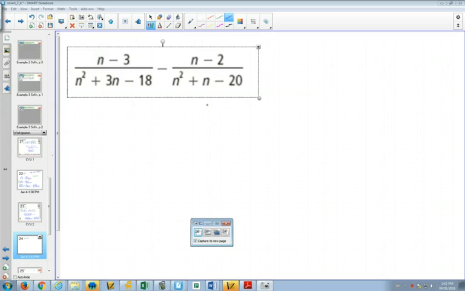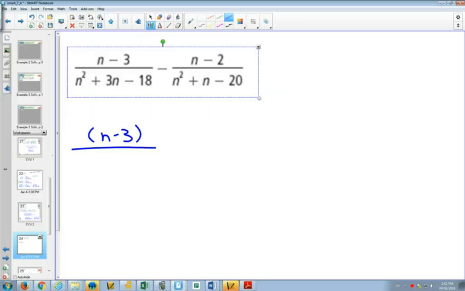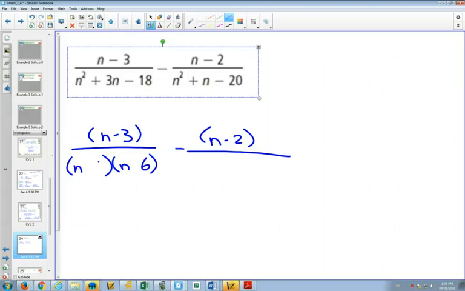All right, so here is our next one. Again, I'll give you a head start for factoring. To get 18, it's got to be 6 and 3.